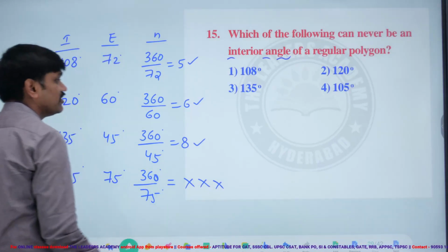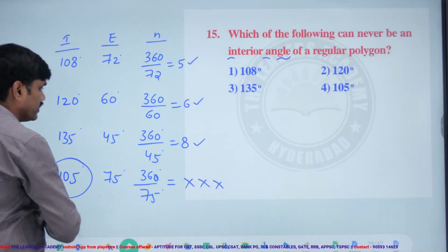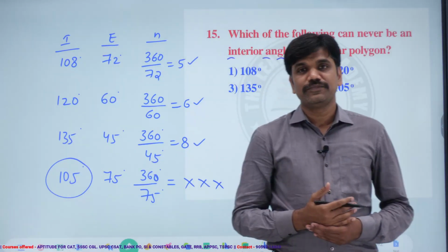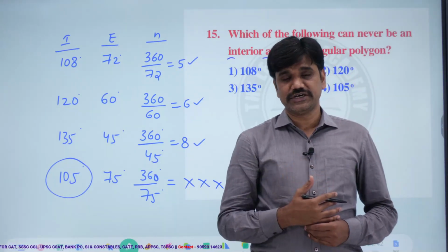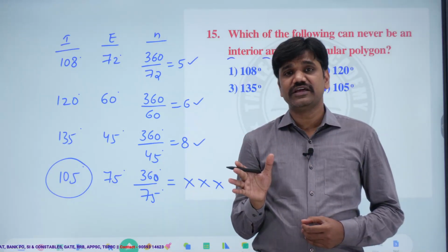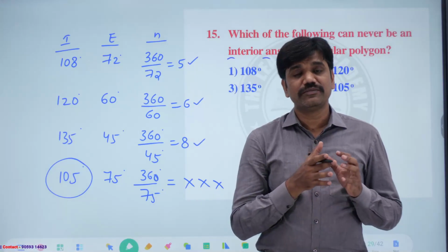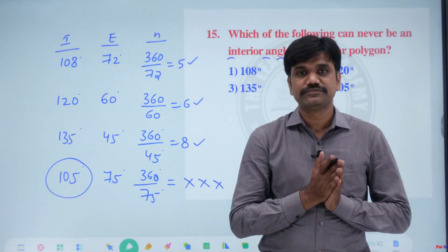That's why this cannot be your interior angle. Hence your answer has to be what? Option number 4. So this is how we can check whether the given interior angle or the given exterior angle is possible for a regular polygon or not.